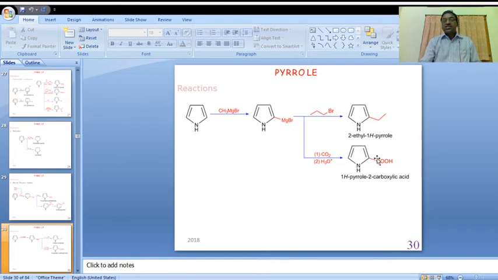On the second position, the carboxylic acid functional group is attached. We will get this type of product. Is it clear, all of you? This was the reaction with the Grignard reagent.